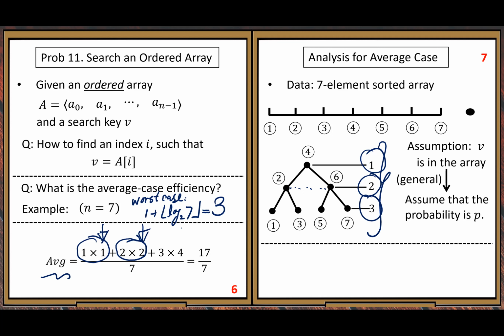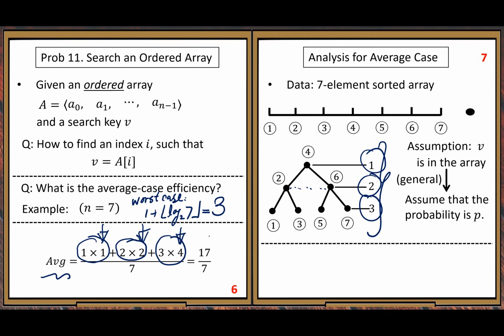For the bottom level, each node requires 3 comparisons, and there are 4 nodes at the bottom level. The subtotal is 3 times 4. Then for the total, you add up these 3 subtotals and divide by 7, because there are 7 cases.